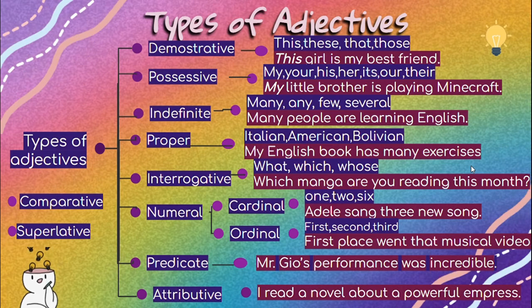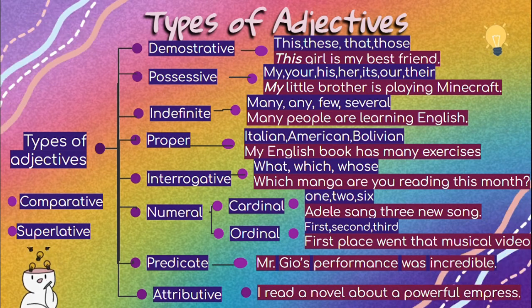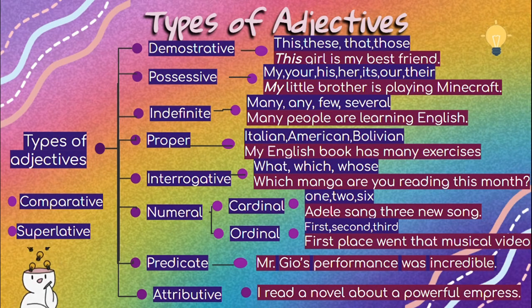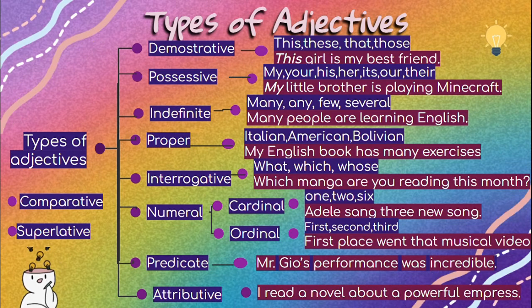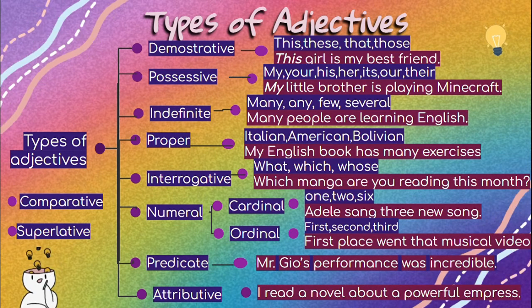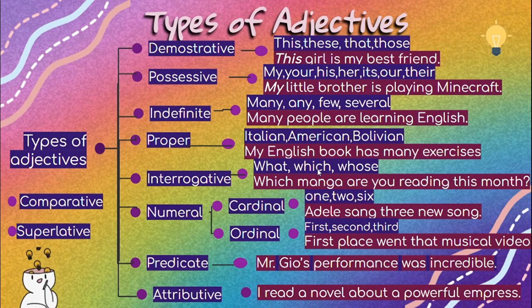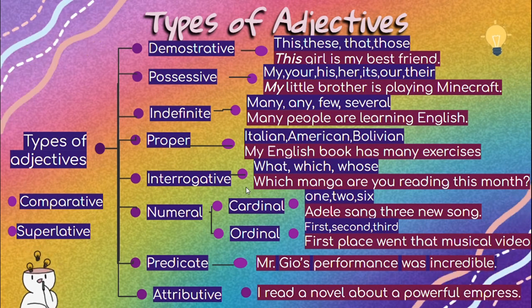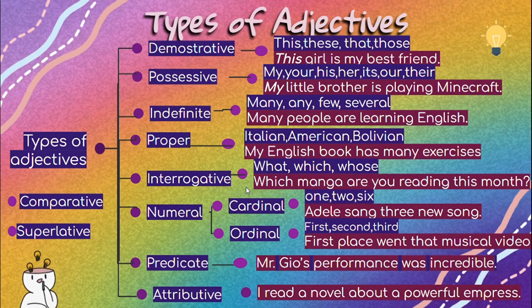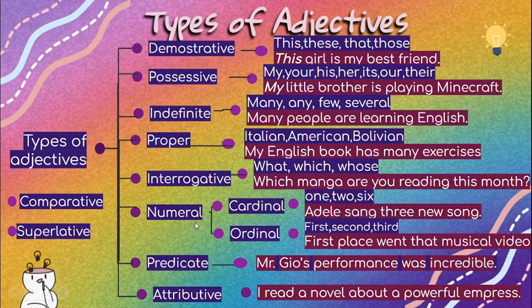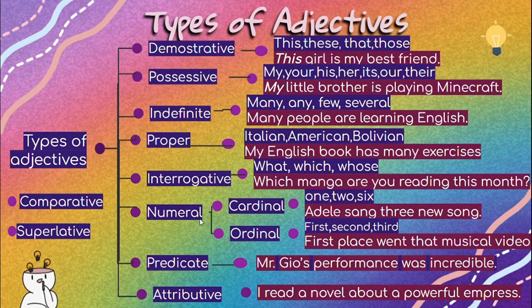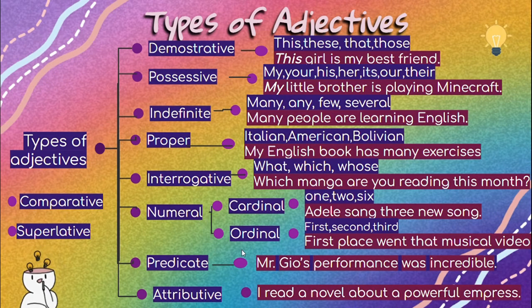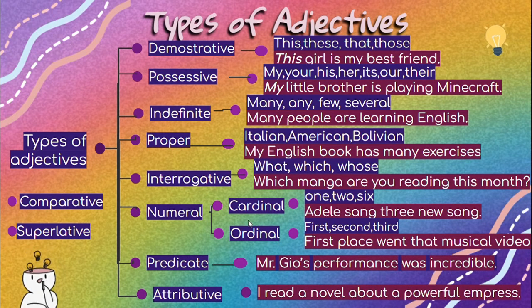Interrogative adjectives are adjectives that are used to ask questions. These are what, which, whose. For example, which manga are you reading this month? Numeral adjectives. In numeral adjectives, we have 2 types, cardinal and ordinal.